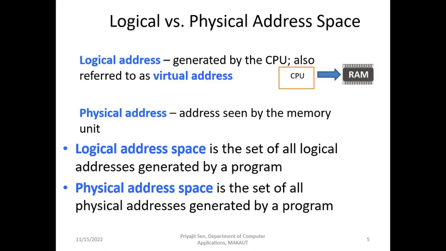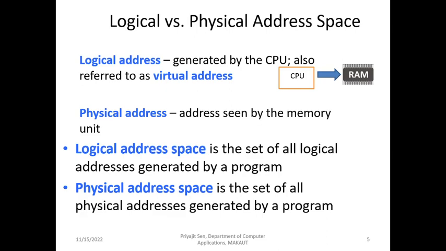Okay, and it is a virtual address. Now in your main memory, you have some addresses, and those addresses will be known as the physical address. Okay, so the difference between the logical address and the physical address I will tell in the next slide.